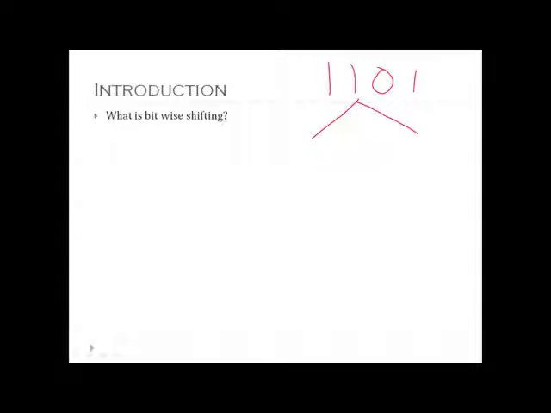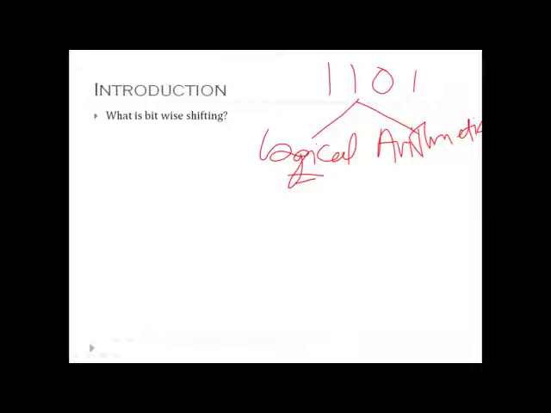One is called logical shifting, and the second one is called arithmetic shift. The basic difference between these two is that in the logical shift, you do not retain the leftmost or rightmost bit. You just shift and you go on appending zeros after the shift.